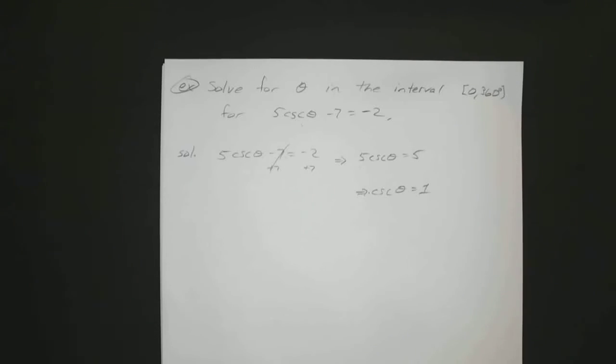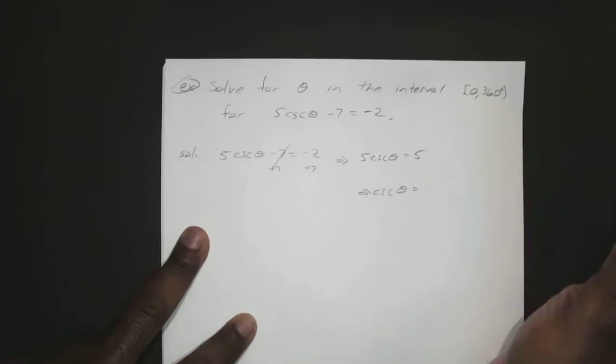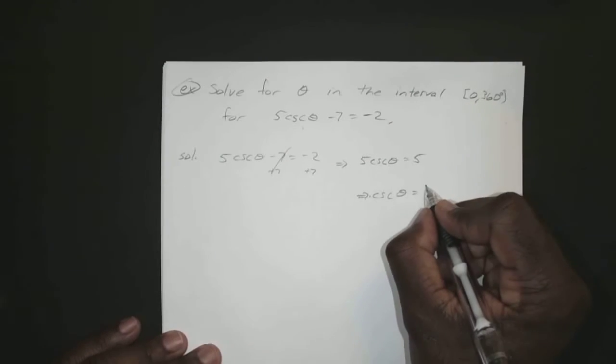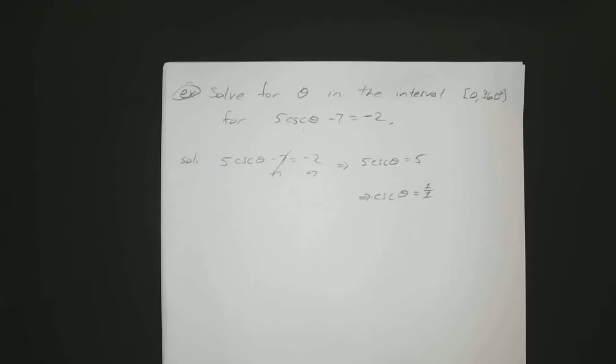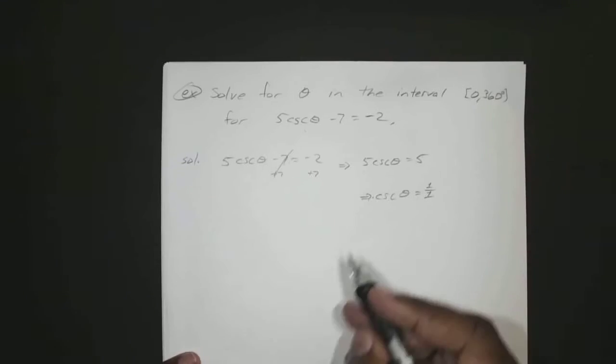If you wanted, you can make it 1 over 1. The only reason I did that is because the reciprocal of cosecant is sine. So if you just flip it over, that's why I made it 1 over 1. You could have left it as just 1 and it would have been the same.